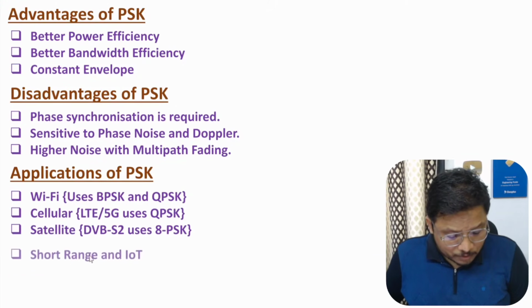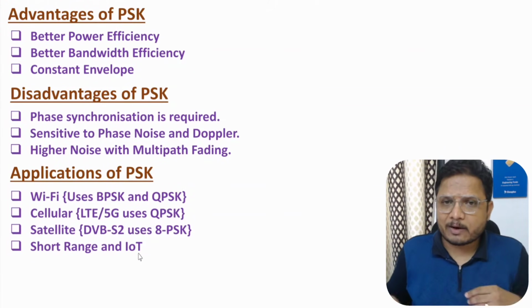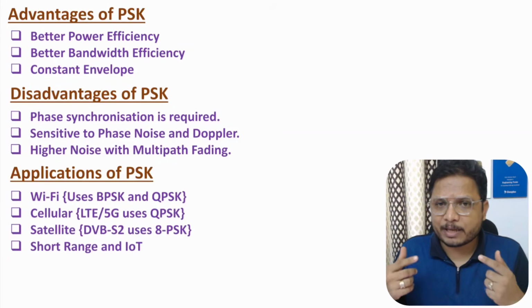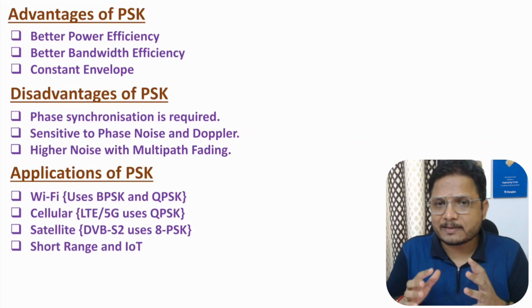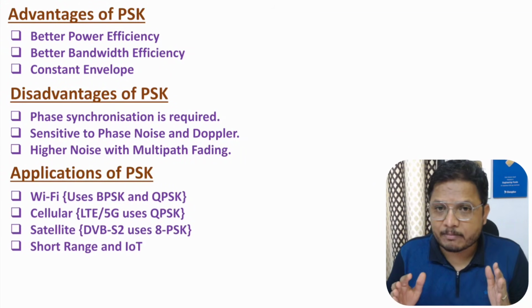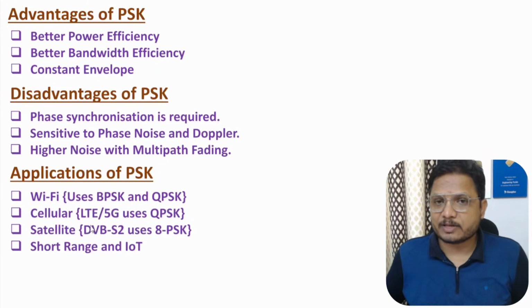It is also used in short range and IoT applications. So with phase shift keying, there are many advantages and many applications. Overall, one can say PSK is a bandwidth-efficient digital modulation scheme. That's why it is widely used in many applications.